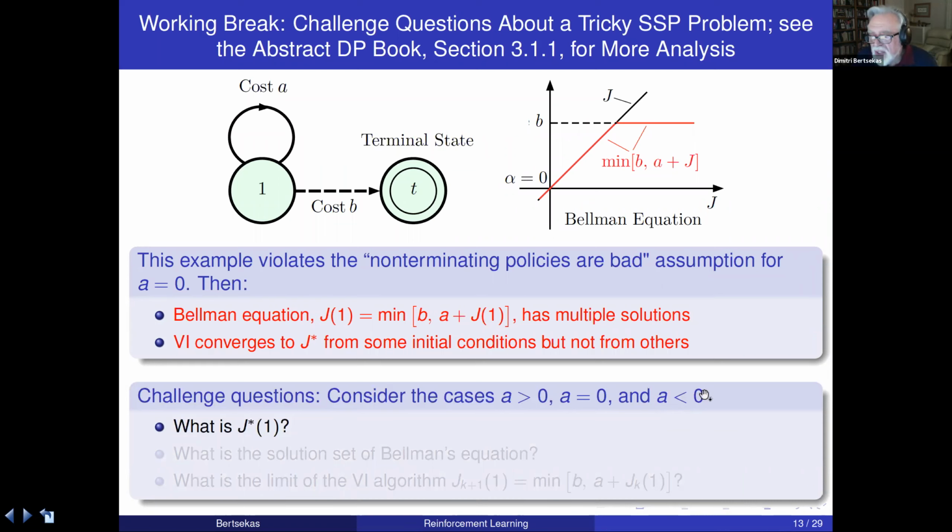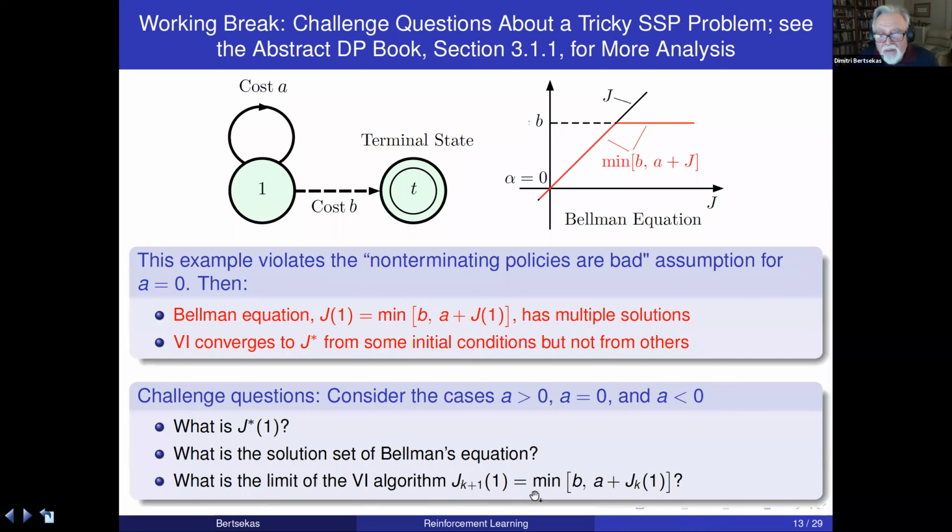What assumptions are satisfied, and what's going on with Bellman's equation? What's going on with value iteration? What is J star? What's the solution set of Bellman's equation? One solution, multiple solutions, no solutions? What is the limit of the value iteration algorithm? This is the value iteration algorithm, right? It iterates with this mapping here. And what does it do? Does it converge to something or not?